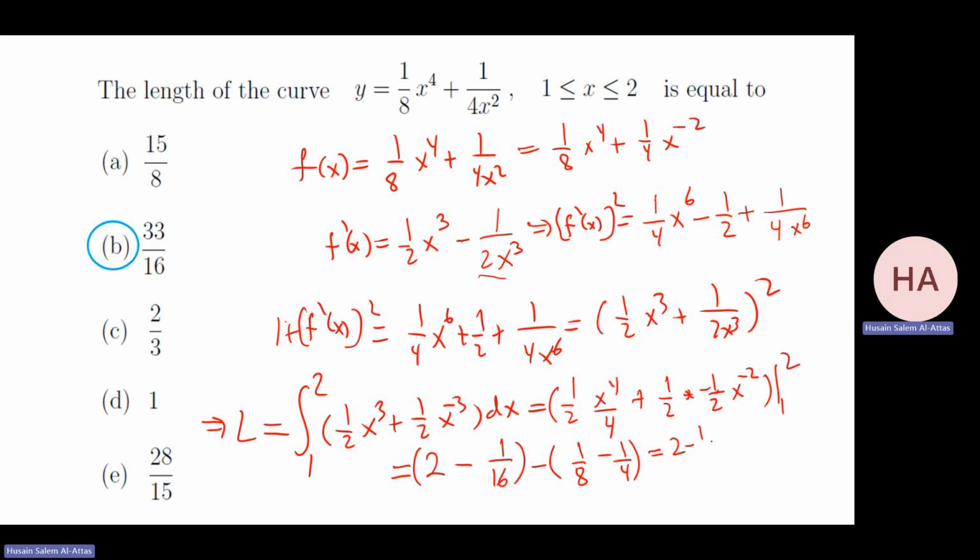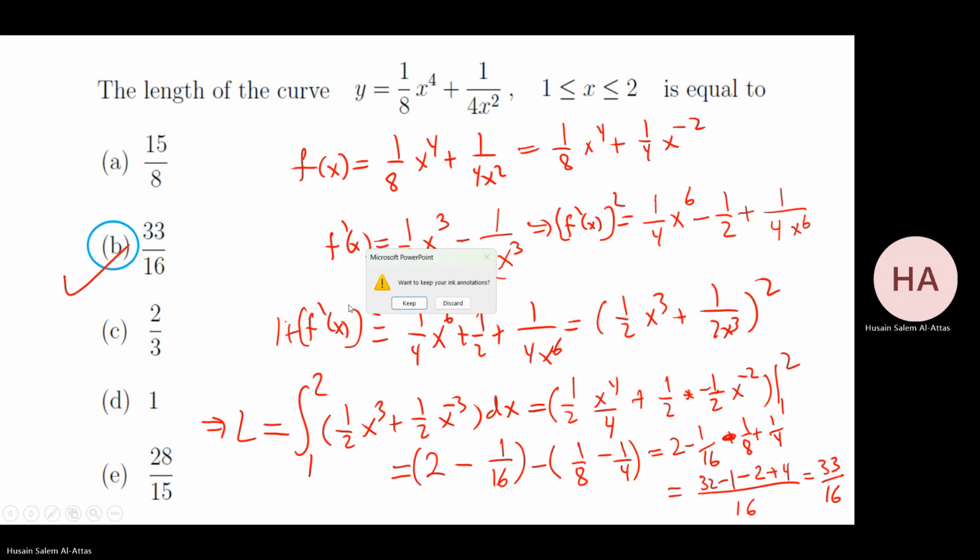So that will be 2 minus 1 over 16 plus 1 over 8 minus 1 over 8 plus 1 over 4. So I have the things over 16. I have 32 minus 1. This is minus 2, correct? Yeah, 16 over 8 is 2. 16 is plus 4. So you have 33 over 16. Which is this.